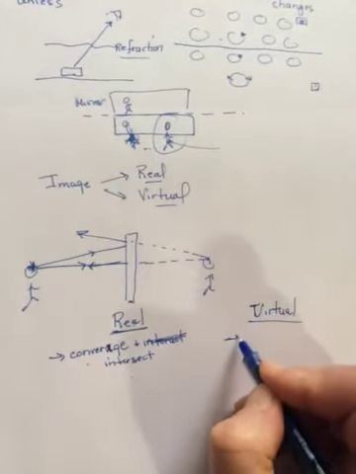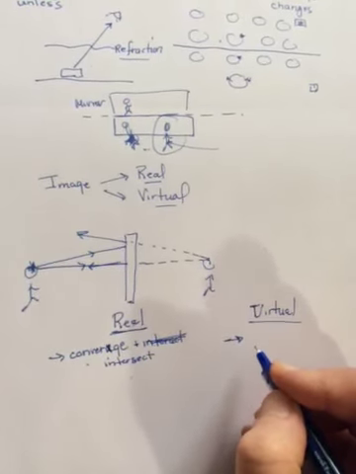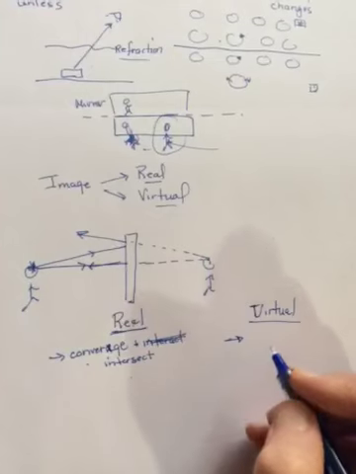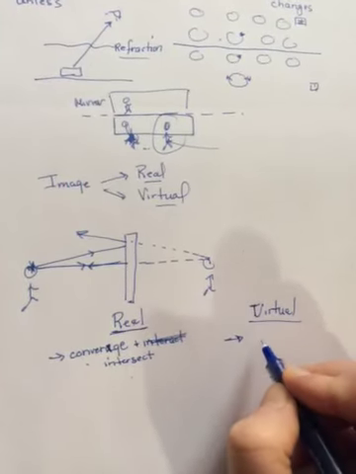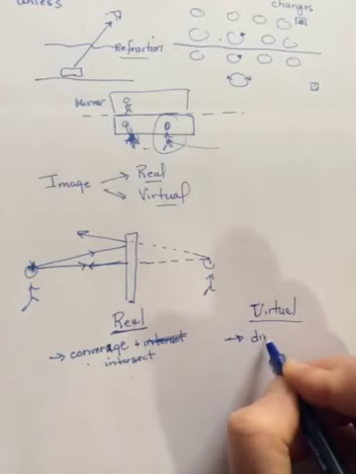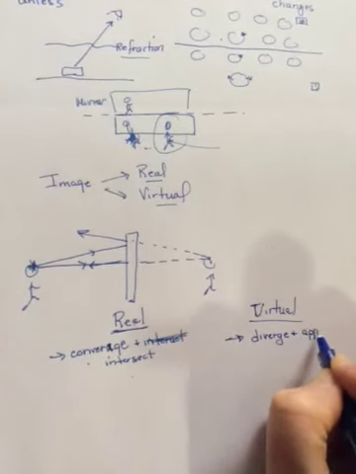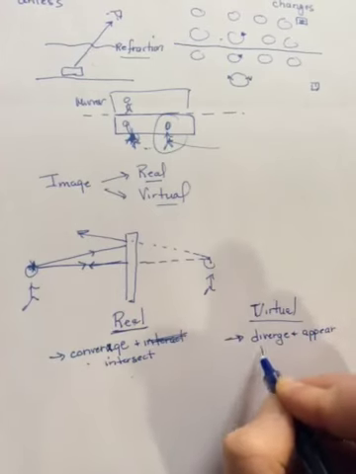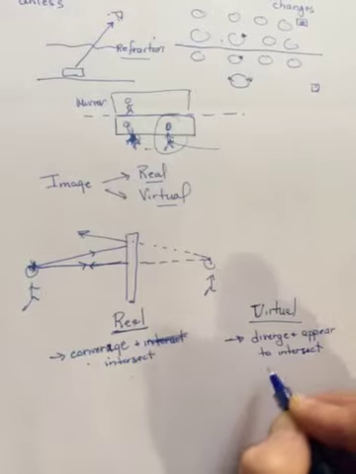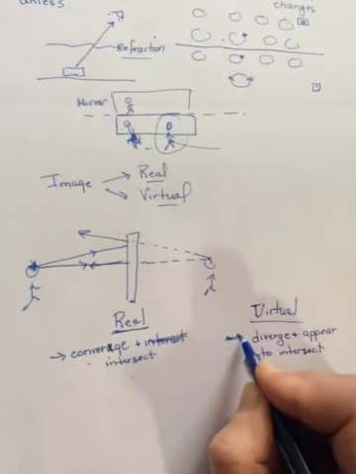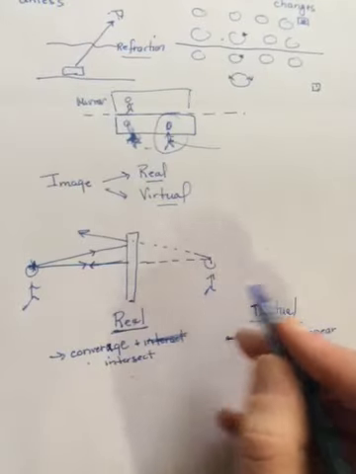Under virtual, in the same one, it's light rays from a common point passing through or being reflected by an optical device that causes them to diverge and appear to intersect at a point. These guys do not really intersect like up here in this diagram.